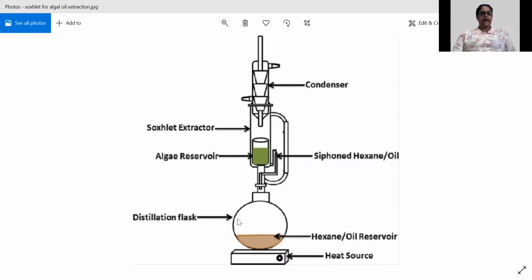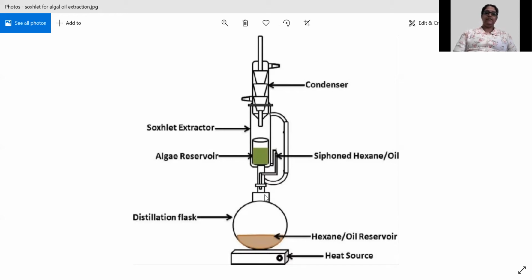The second part is the extractor, wherein we will have our sample. This image shows an algal reservoir, but instead you should have your oil seed reservoir. And the third part is the condenser. There will be a heat source as well in order to evaporate the hexane from the reservoir so that it goes up. And there will also be cooling water, with an input over here and an output over here for the cooling water.